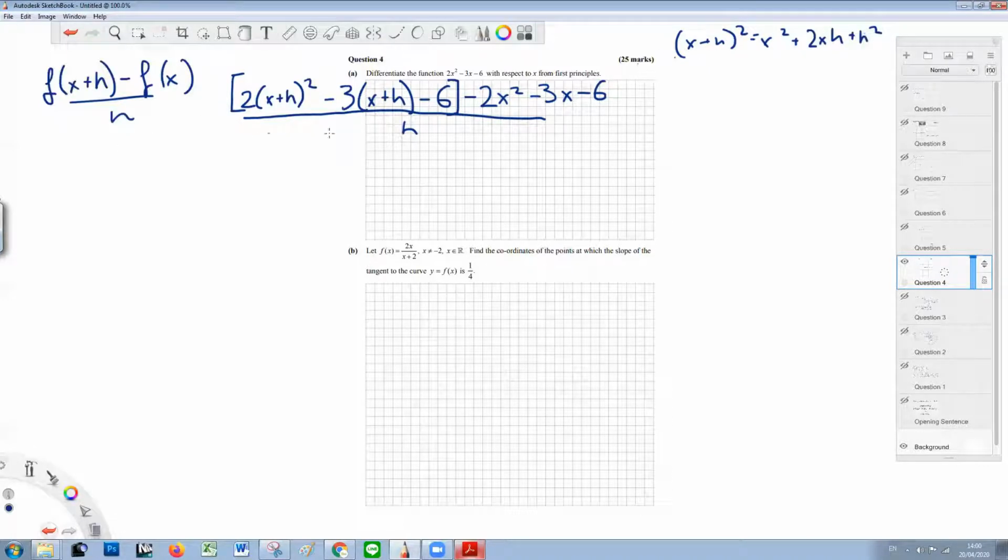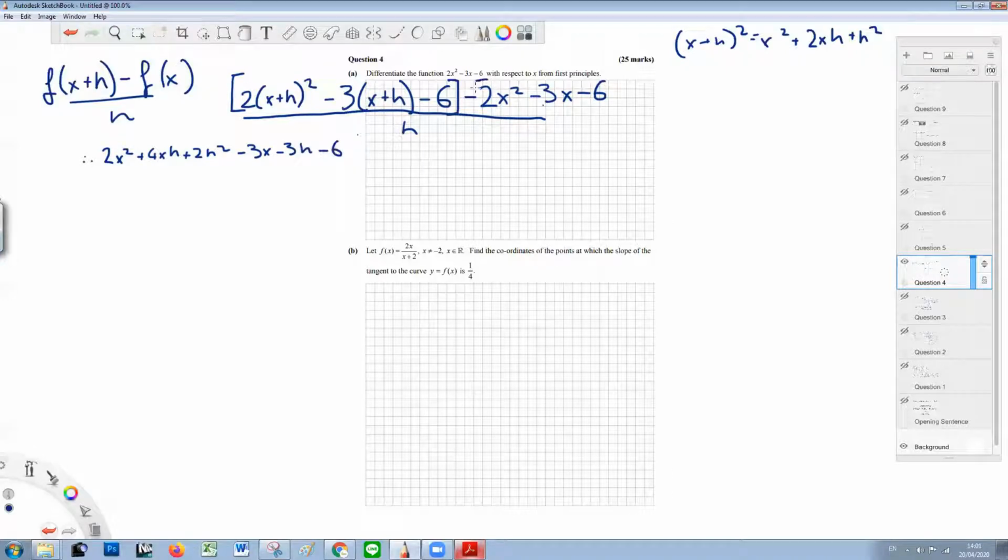So that's going to be 2x squared plus 4xh plus 2h squared, minus 3x minus 3h minus 6.